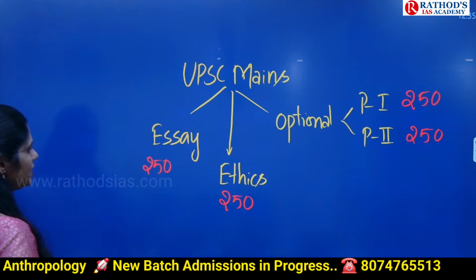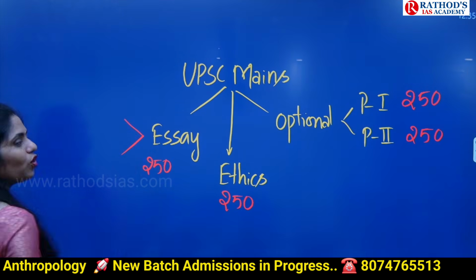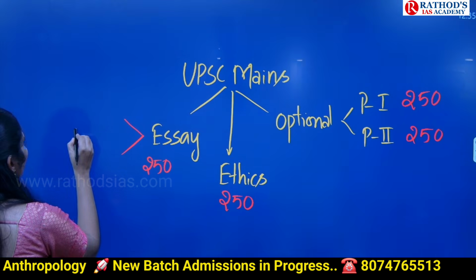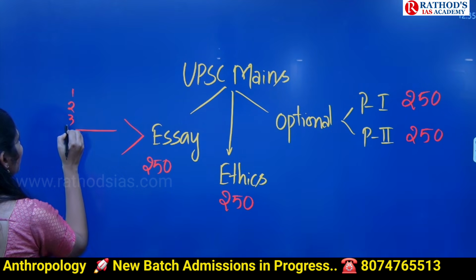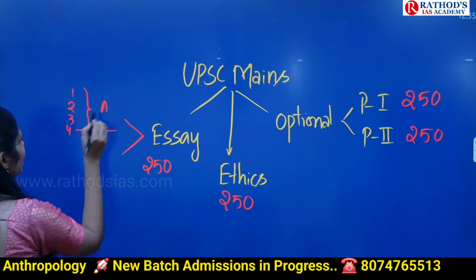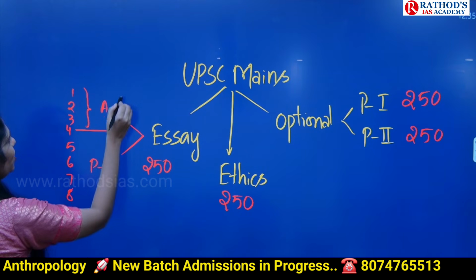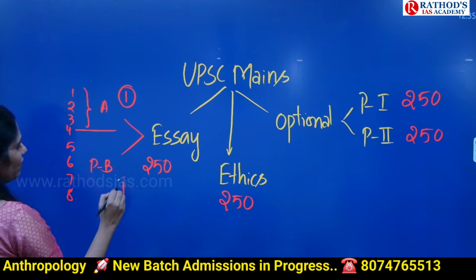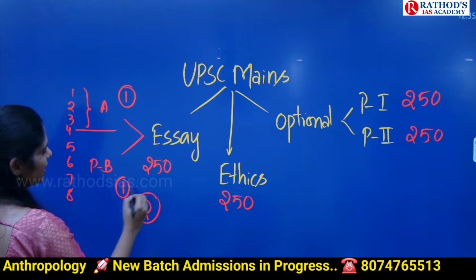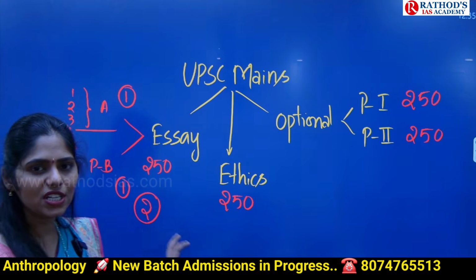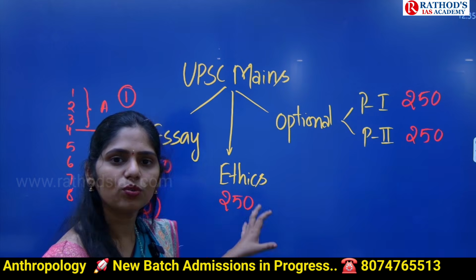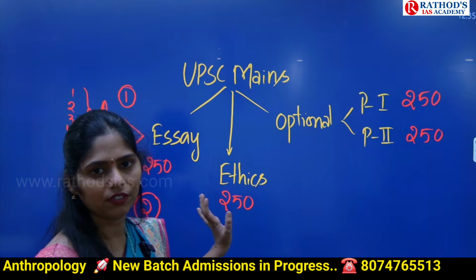In your essay, UPSC will give 8 essays overall: 4 essays, 1, 2, 3, 4, in part A, and 5, 6, 7, 8 in part B. You have to select one from here and one from here, and you need to write 2 essays in 3 hours. Each essay carries 125 marks and the total score is 250.